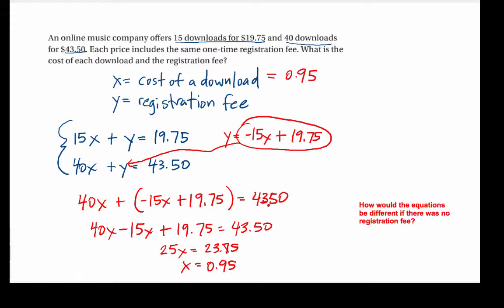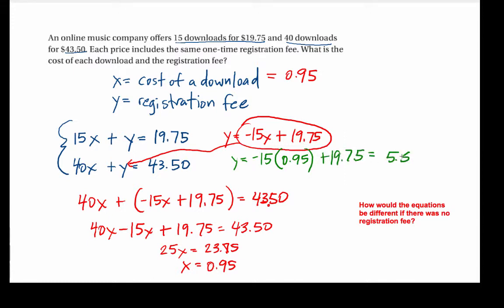So to find the registration fee, remember, we can go back to our original system if we'd like. But anytime we're doing substitution, it's always nice because we have the one equation rewritten in terms of the variable that we're trying to find in terms of the variable that we just found. So let's go ahead and just evaluate this for 0.95.